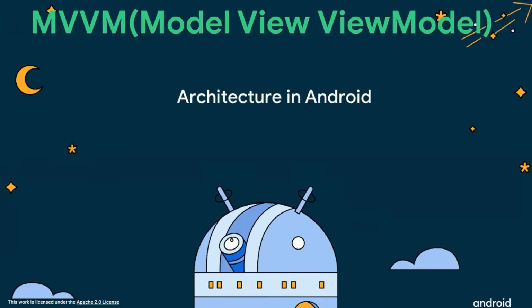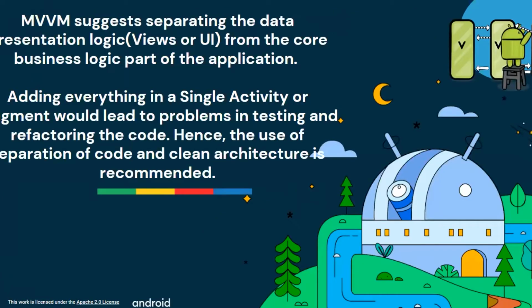Now, what is it exactly? We'll see. The core concept of MVVM is to separate the main logic of the program from its UI. If you add everything to a single activity, it will create a lot of problems, for example, in testing and debugging the code.